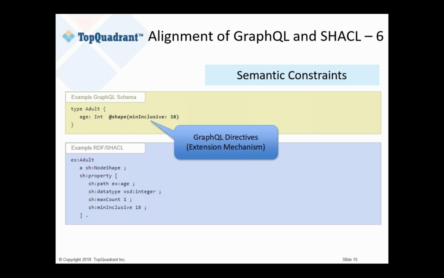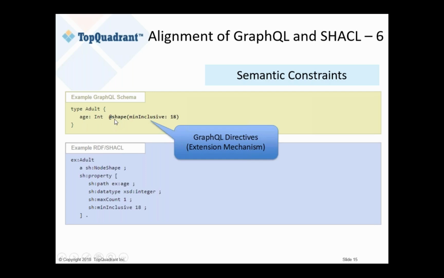So GraphQL has its own extension mechanism that anyone can use to put additional information into a field or a type definition. In this case, the syntax is, you just write it after the field that you have defined, and then using this symbol here, you put your keyword, and then you can put parameters there.